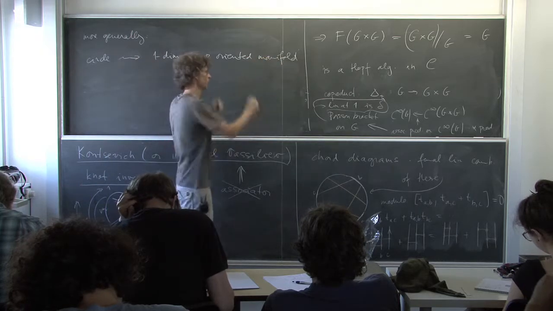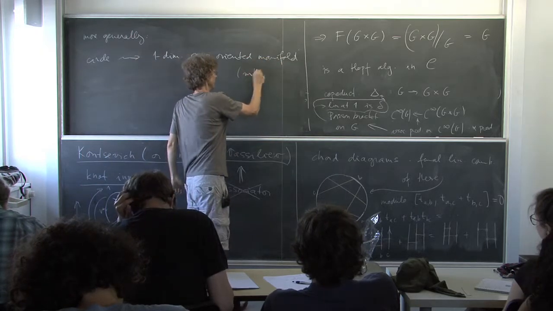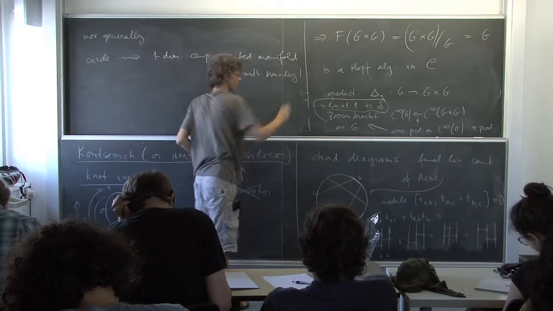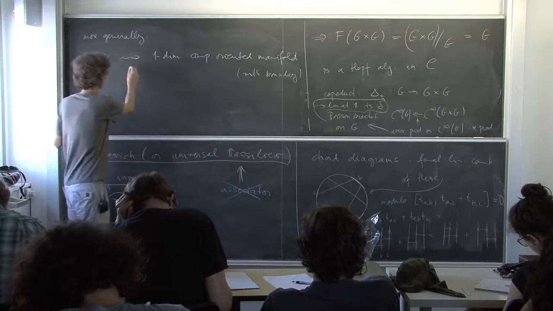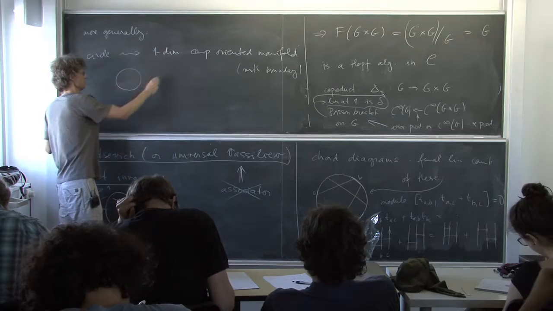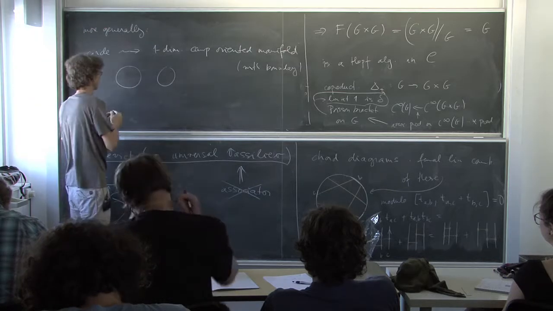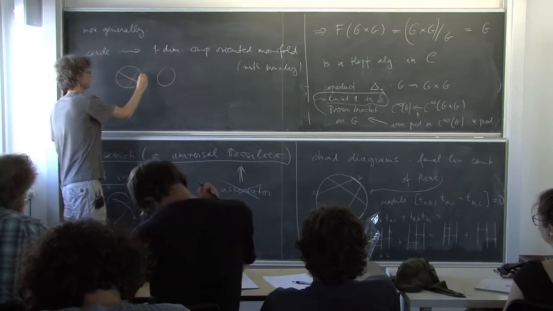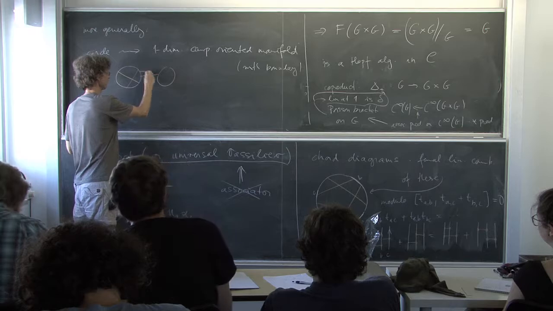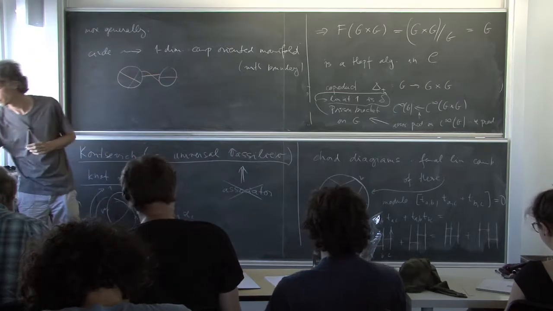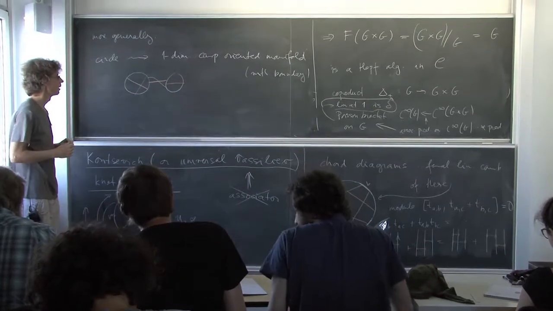I admit here also with boundary. So it means that you might have, say, 2 circles, and also things like that would be also chord diagrams.